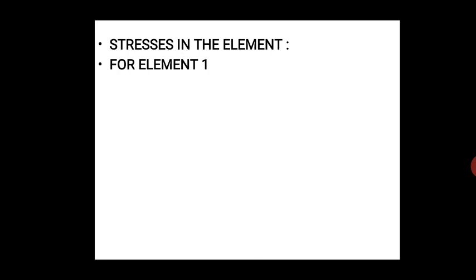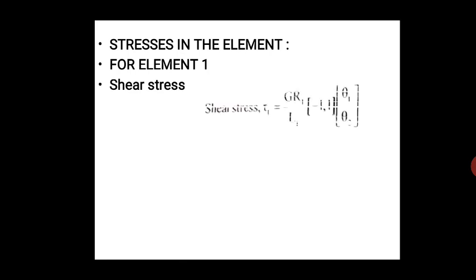Now let us consider the first element. The shear stress developed in the first element is tau 1 is equal to G R1 divided by L1 into [minus 1, 1] into [theta 1, theta 2]. Here the rigidity modulus for the first element is 7 into 10 raised to 4, the diameter is 50 mm, so the radius is 25 mm, and the length of the first element is 2000 mm.